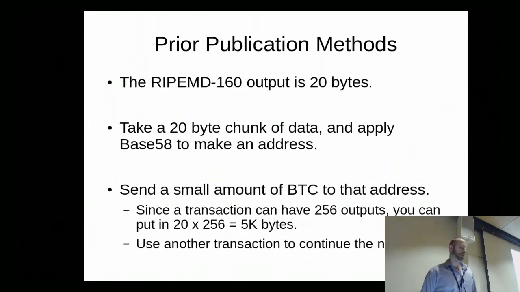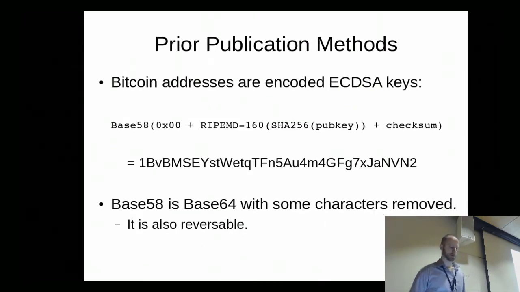So one thing to notice is that the RIPEMD-160 output happens to be 20 bytes. So if you wanted to publish 20 bytes of data, you just set your data to be that 20 bytes. Let me back up there.